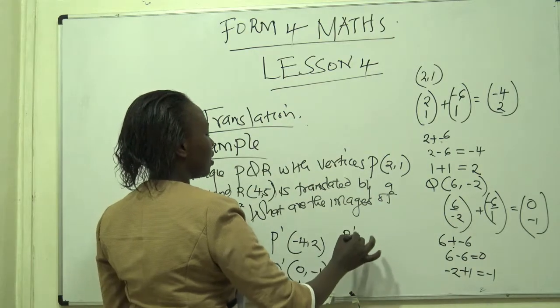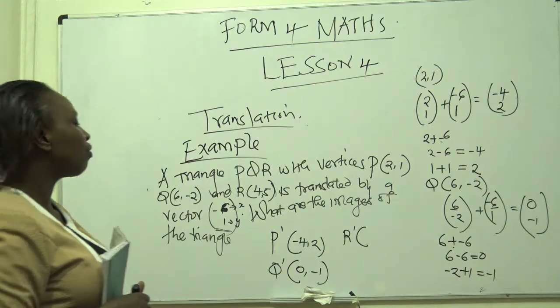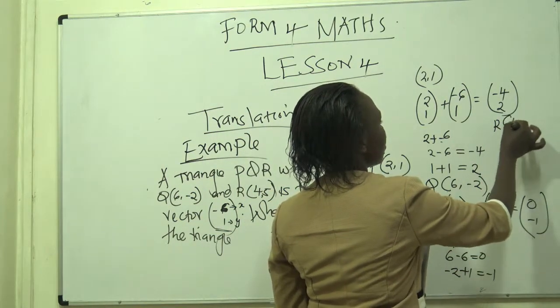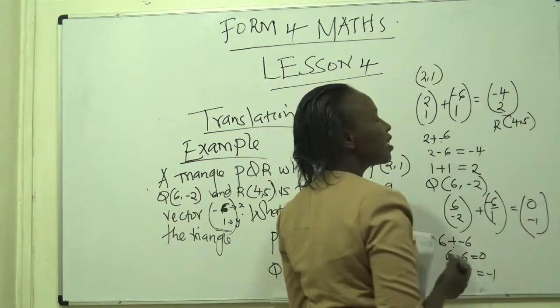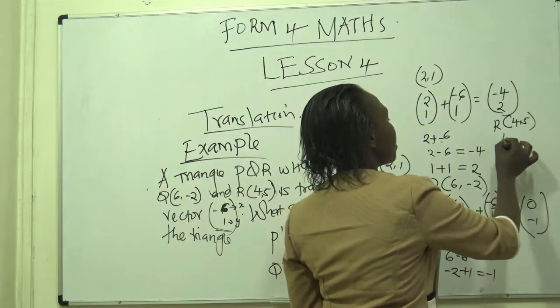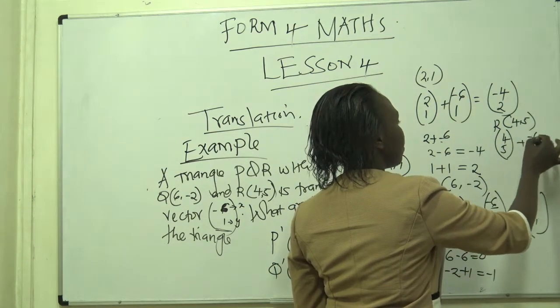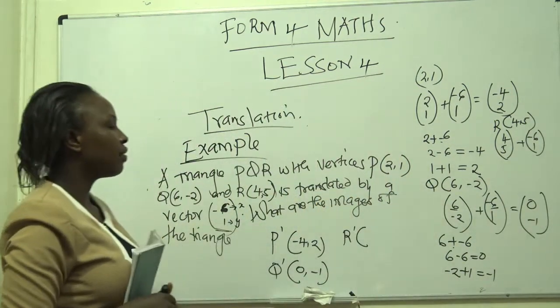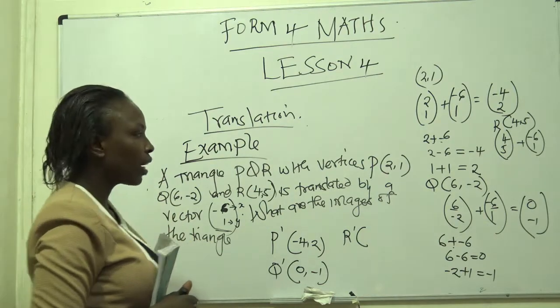Let's now look at our R prime. Our R is at point 4, 5. Let's write it in column vector. So that means 4, 5. We add it to negative 6, 1 like that. Then we start by solving our values for x.